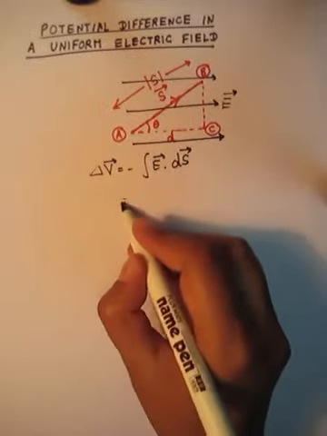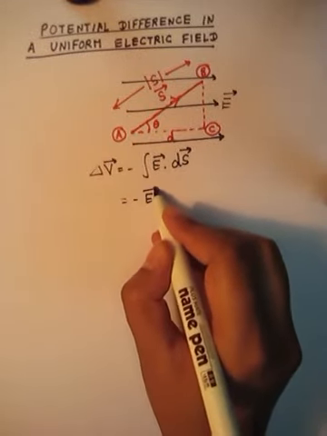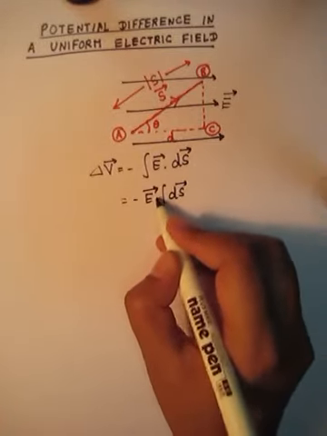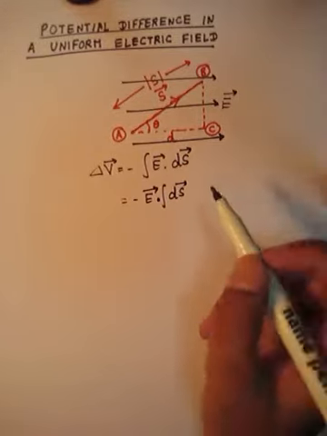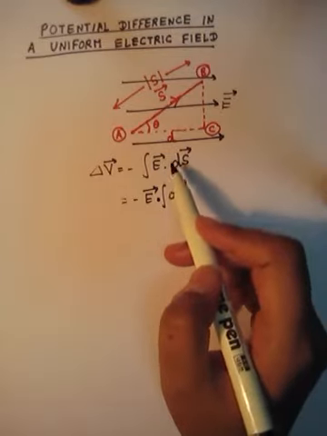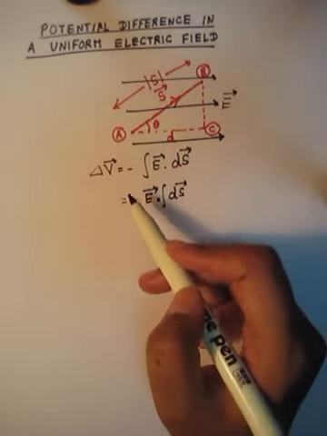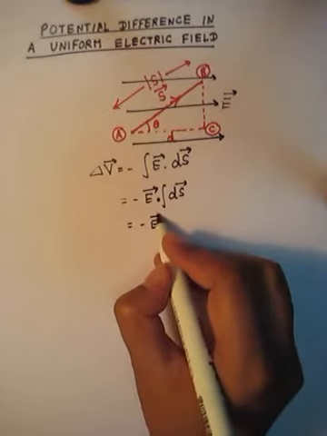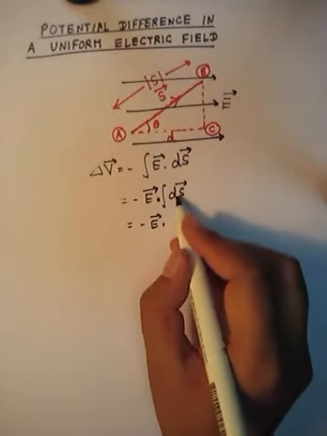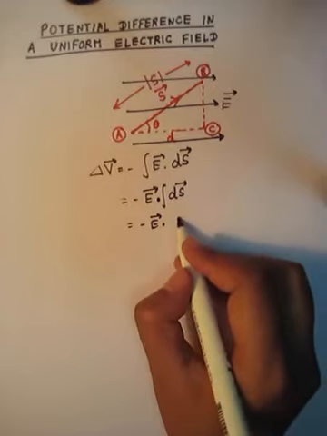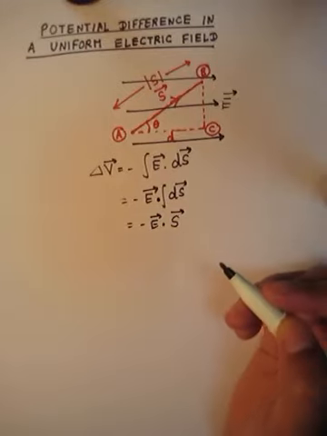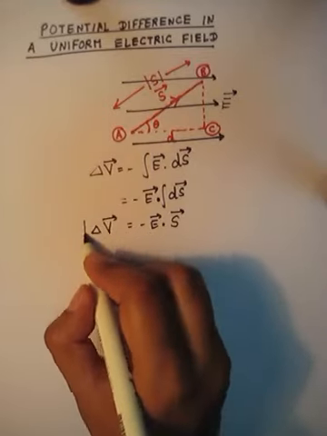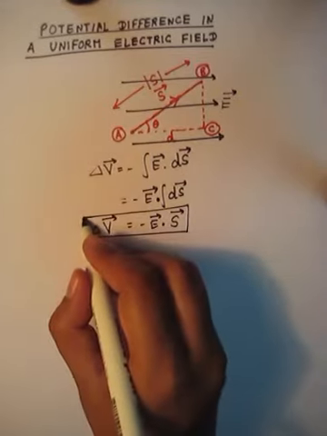Because it is a uniform field, we can take the electric field outside, and it will be ds vector and a dot product. You can also take the dot product first and then take the electric field outside. So it will be electric field dot S vector. So delta V will be given by this.